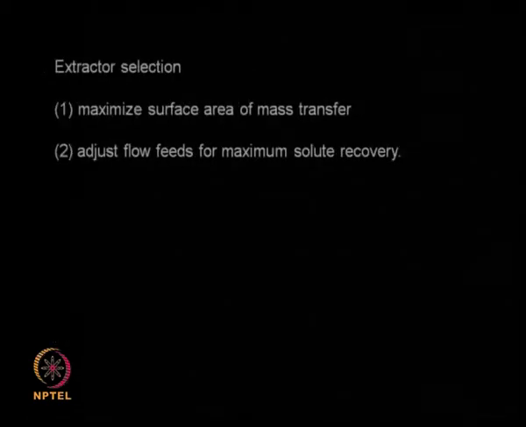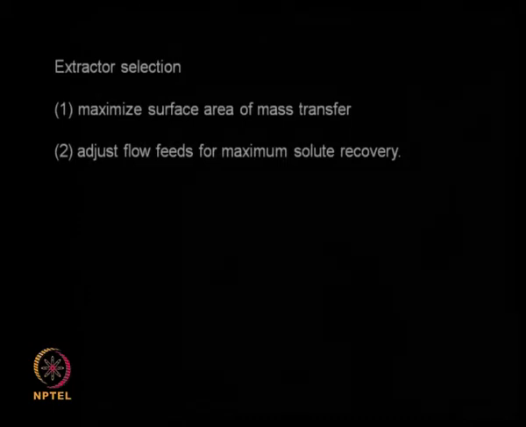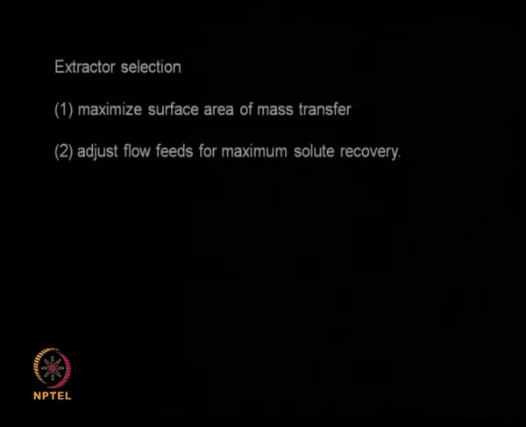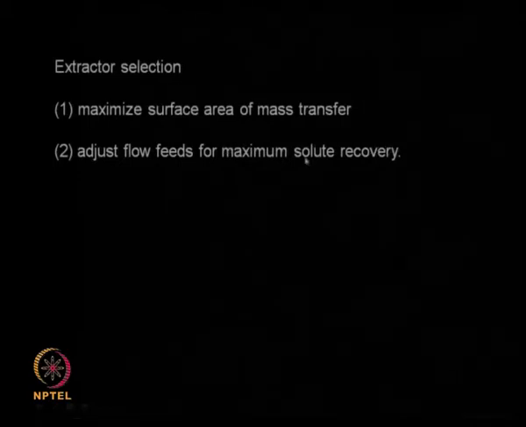So, how do you select the extractor? The extractor selection depends upon the concept of mass transfer. Obviously you want to increase the surface area between the two phases, that is the solvent phase and the heavy phase. That is one thing. The other one is that the flow of the feeds should be adjusted so that you get maximum solute recovery.